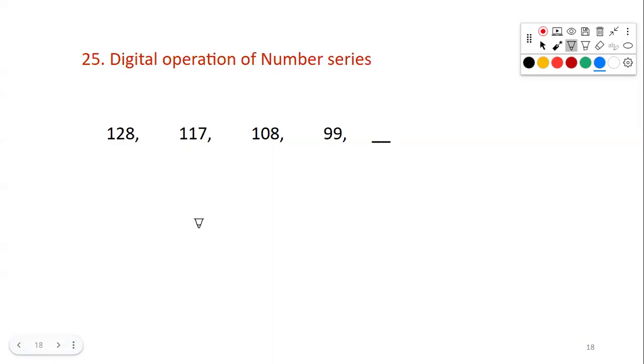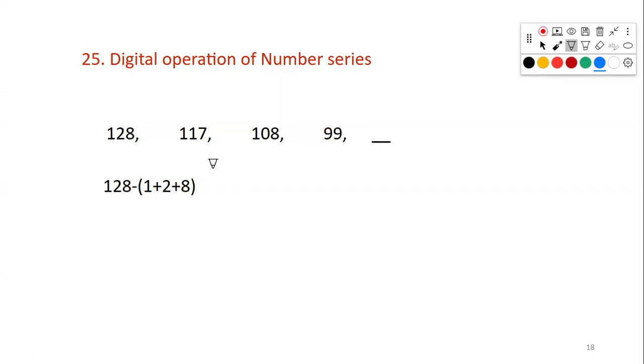It is not straight subtraction or straight addition. So please note down if it is new to you. Basically, what I'm doing is for 128, a digital operation, I'm adding 1 plus 2 plus 8, which is equal to 11. So minus 11. 128 numbers are separated, addition, subtraction, I get the next number 117.